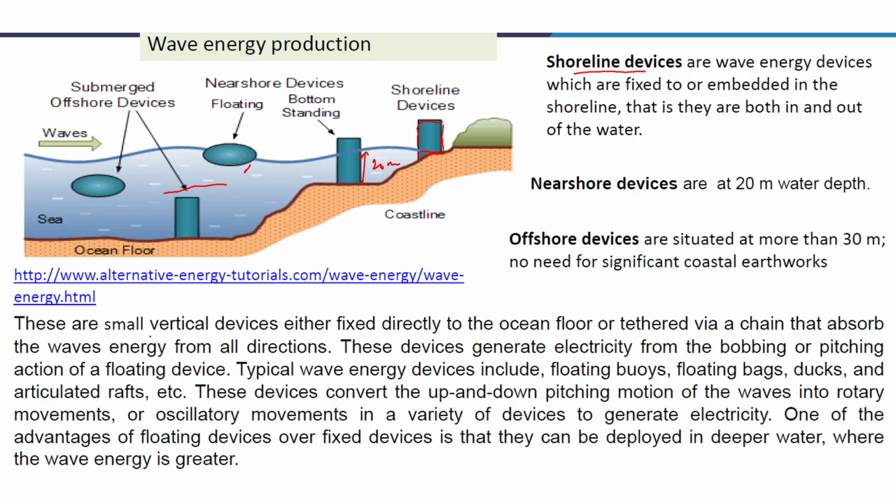These are small vertical devices, either fixed directly to the ocean floor or tethered by a chain, that absorb the wave energy from all directions. Either they are fixed on the sea floor or they may be floating. So two types are there, either fixed or floating.